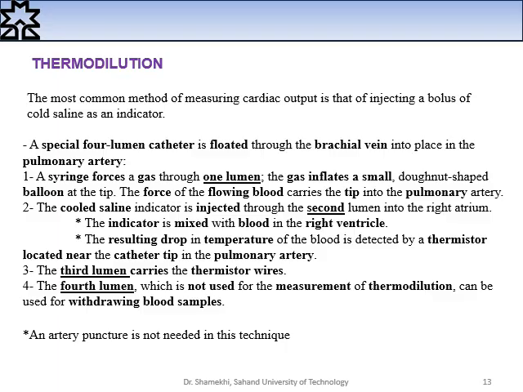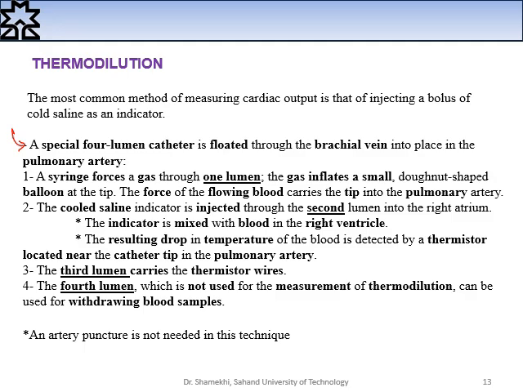In this system for thermodilution, a special 4-lumen catheter is floated through the brachial vein into place in the pulmonary artery. A syringe forces a gas through one lumen.